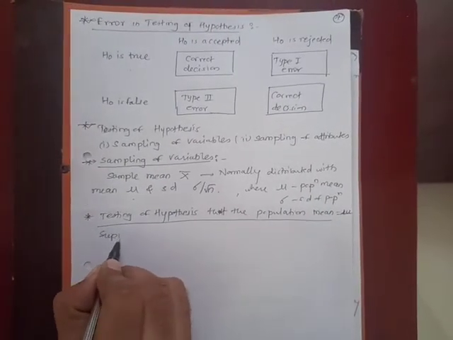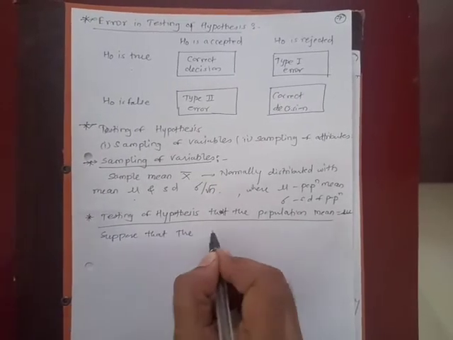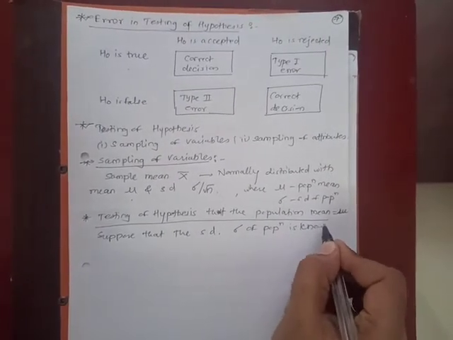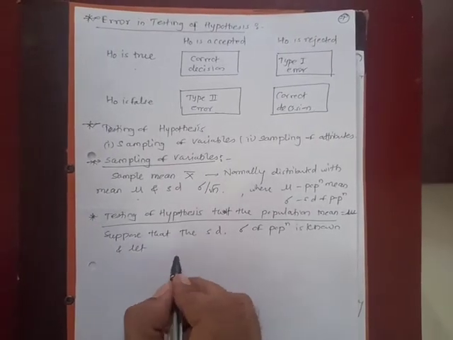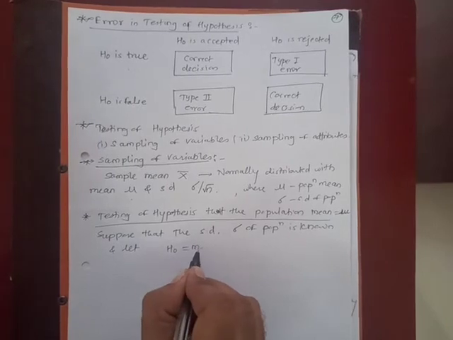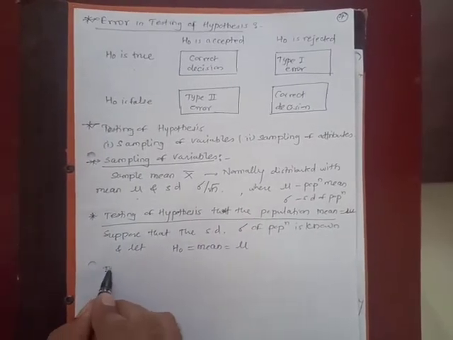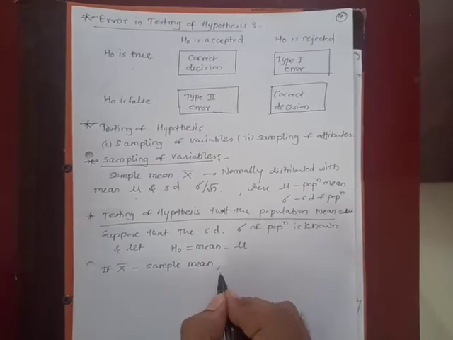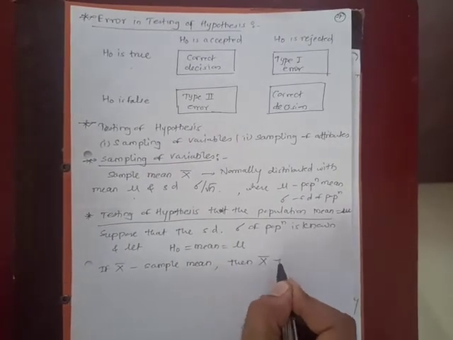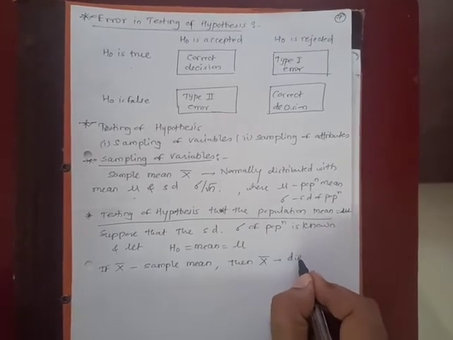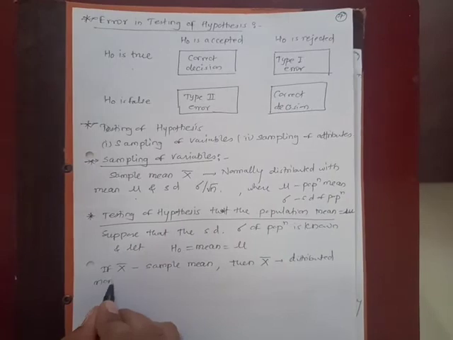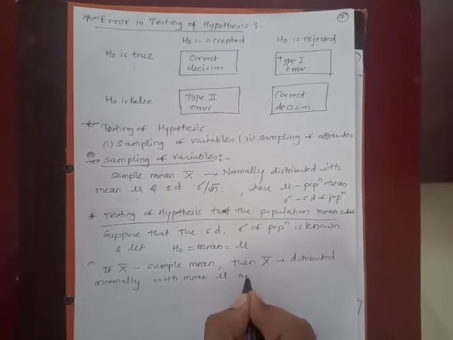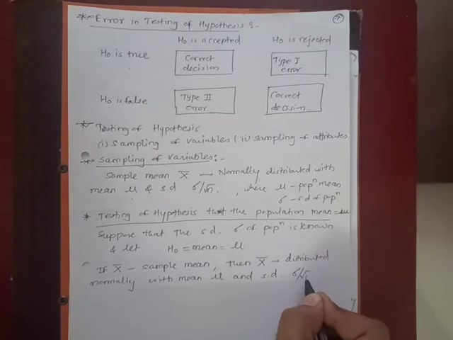Suppose that the standard deviation sigma of the population is known, and let the null hypothesis to be tested be H0: mean is equal to mu. If x bar is the sample mean, then x bar is distributed normally with mean mu and standard deviation sigma upon square root n.